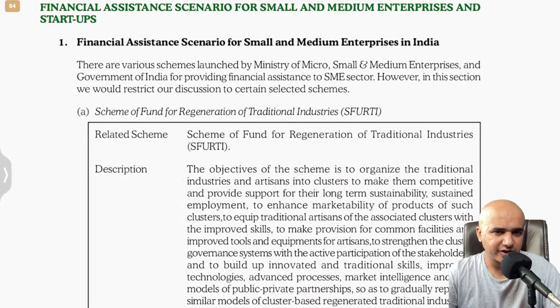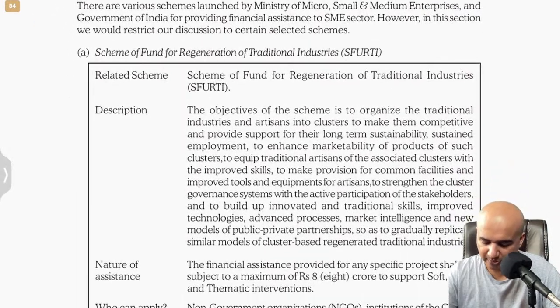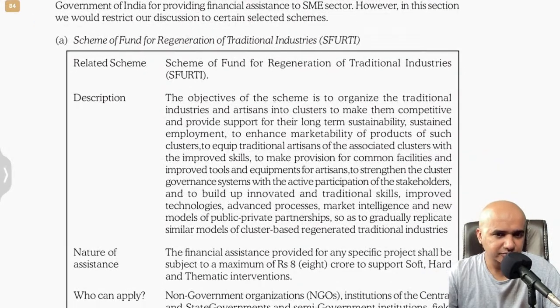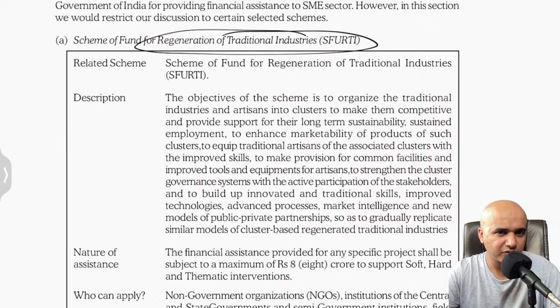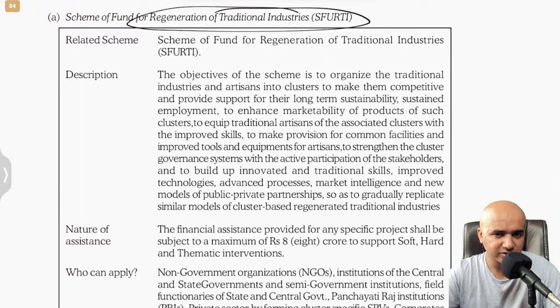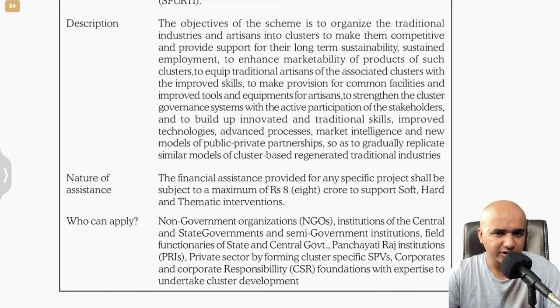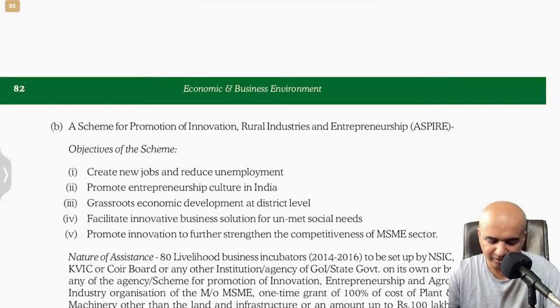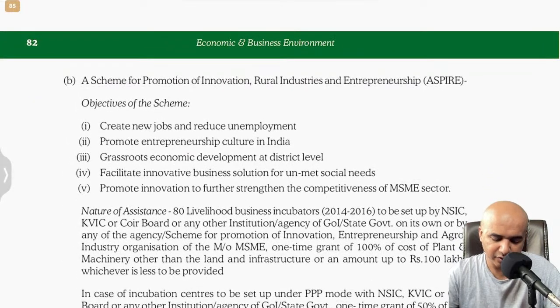Again, this is a very new thing, wherein if you own a traditional industry like handmade fabric, maybe a khadi manufacturer, then you will get funding from organizations like this, that is the scheme for regeneration of traditional industries, SFURTI. So they have certain criteria. If you fulfill that criteria, you will definitely get money from such financial institutions.